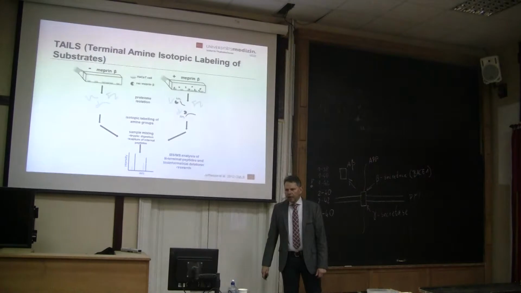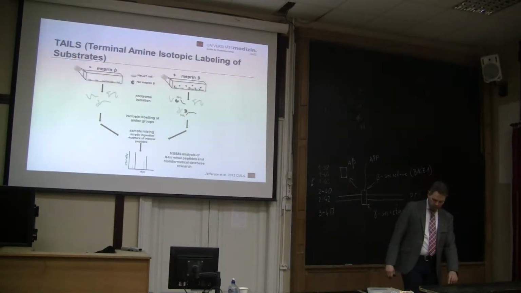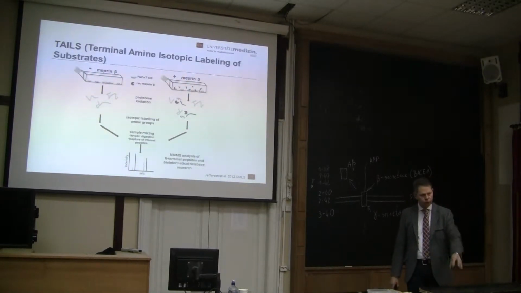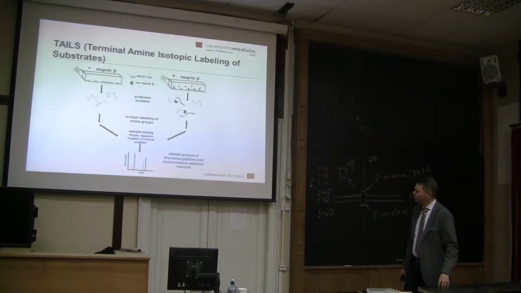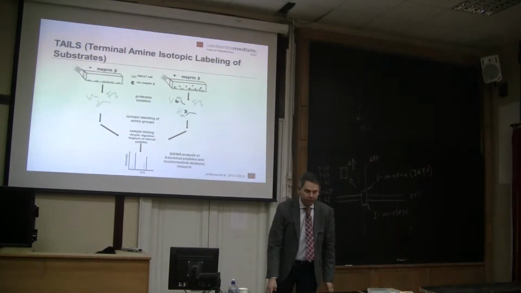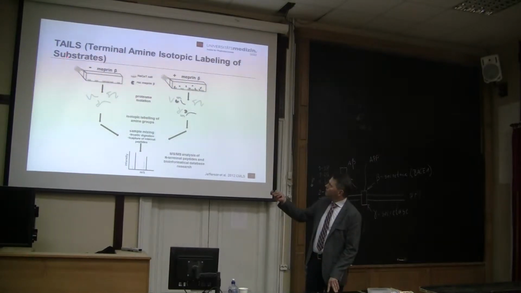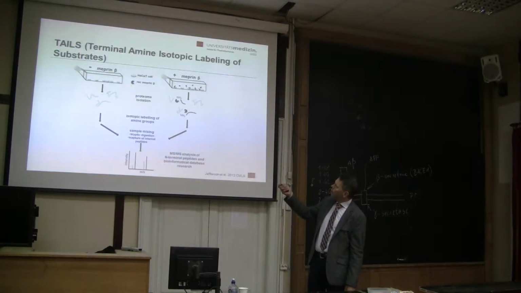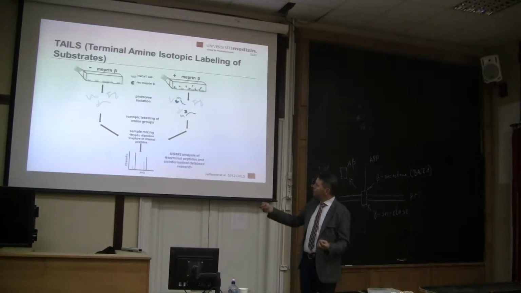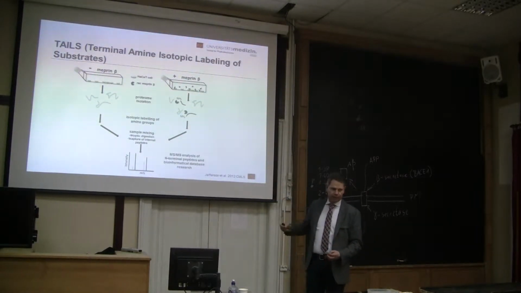So I won't tell you anything about the 3 to 40 peptides today, because I have really no expertise in that, but I will tell you a story about the 2 to 40 and 2 to 42 peptides. It was a funny story, because a couple of years ago, a now friend of mine contacted me. He was working on an enzyme, and he performed this kind of assay, terminal amino isotope labeling of substrates. That means nothing else than he has a cell line without one enzyme and a cell line with a certain enzyme.